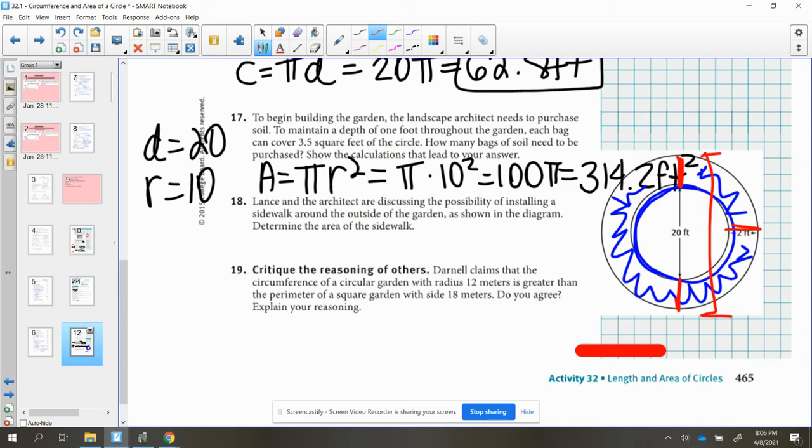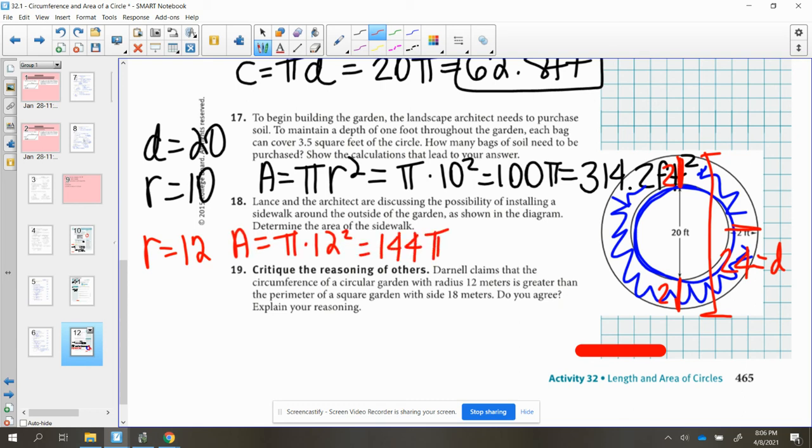The diameter of the big circle is 20 plus 2 plus 2 for a total of 24 units, aka the radius of our big circle is 12, right? Since the whole diameter was 24. So what we can do from here is find the area of the big circle, which is pi times 12 squared, which is 144 pi.